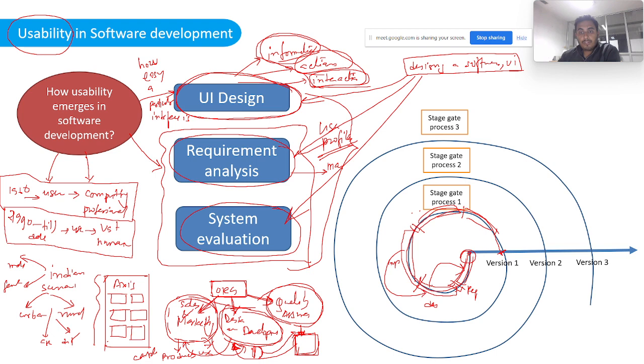Okay. So there may be change of requirements, there may be change of design during the design process, during the implementation process. So the designer needs to be ready for all such changes. Okay. So that's how usability currently emerges within the software development process.